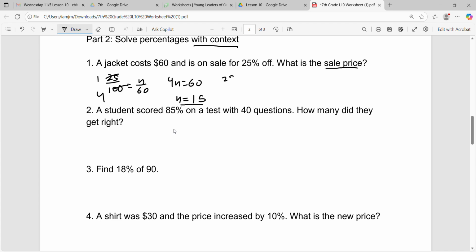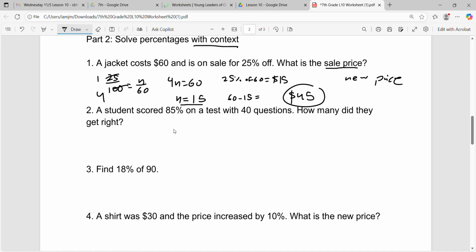So 25% of $60 is $15. The new sale price we find by subtracting the $15 from the original price of 60. 60 minus 15 is $45. The new sale price is $45.